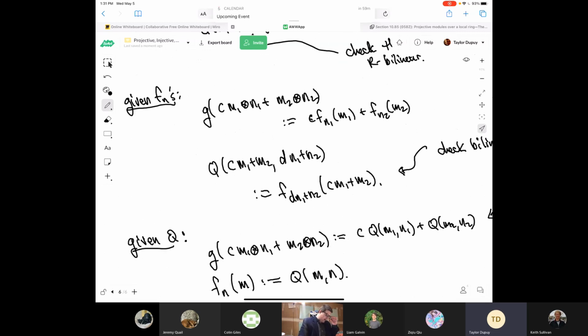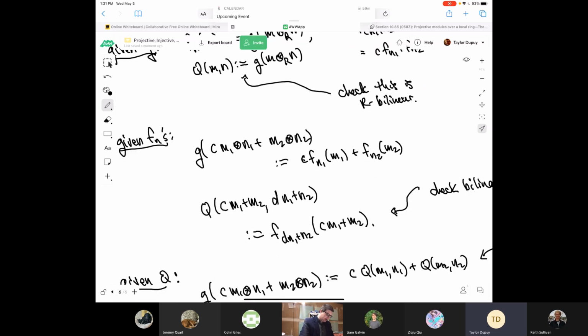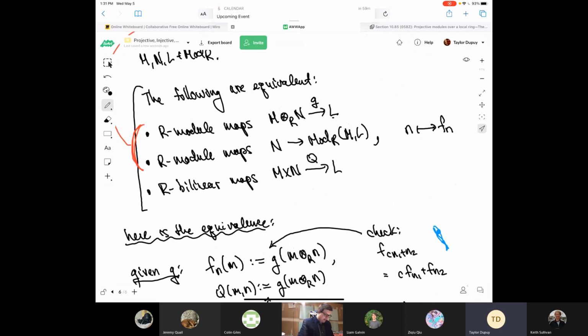Okay, so all of these data here, a map from the tensor product into another module, a map that gives you maps, and these bilinear maps, all of those things are the same, okay? And they're just different ways of writing the same thing. So now we can just juggle these things around. Okay, does that make sense?